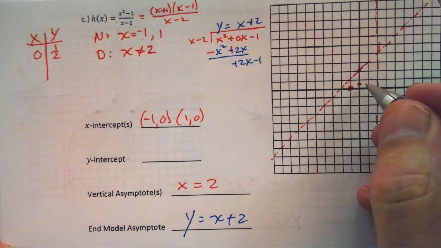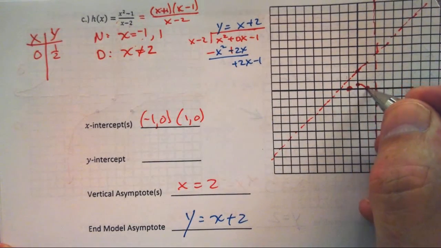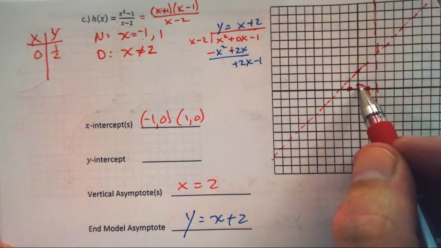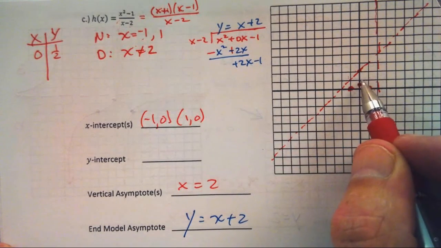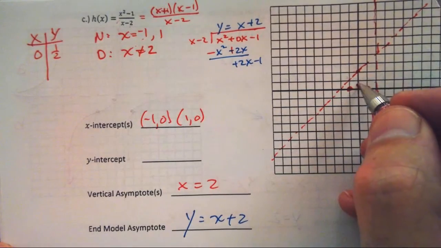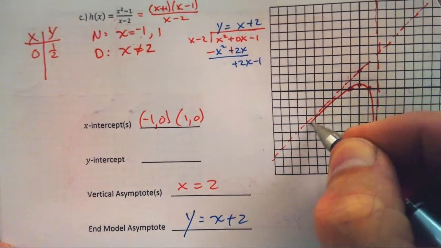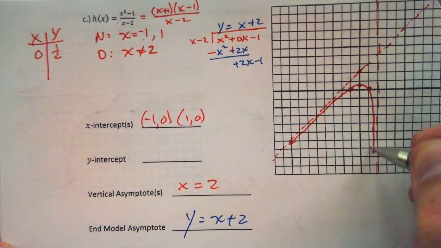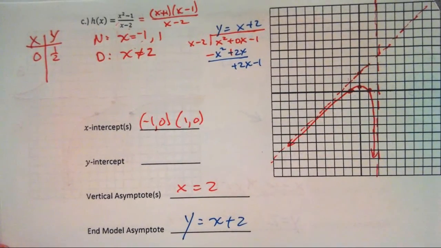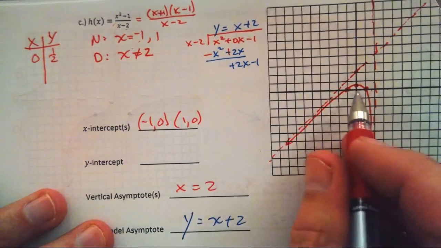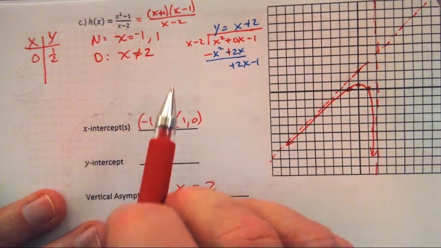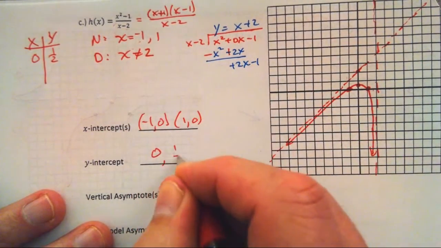So I believe this curve, and it has to be because it has to pass back through here. Does that mean this is the highest point? No, not necessarily. It may get higher up here or higher over here, but global representation, we're getting sucked into this asymptote. We have our y-intercept. I've already got that one. That was 0, 1/2.